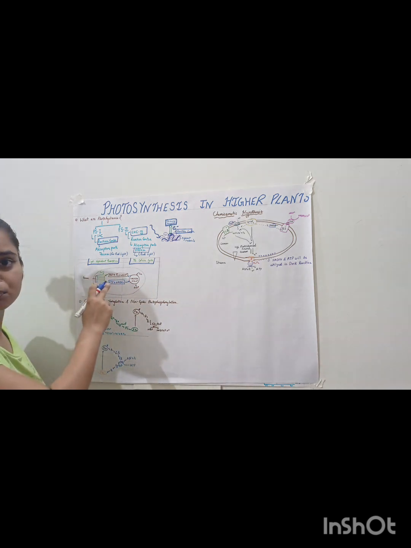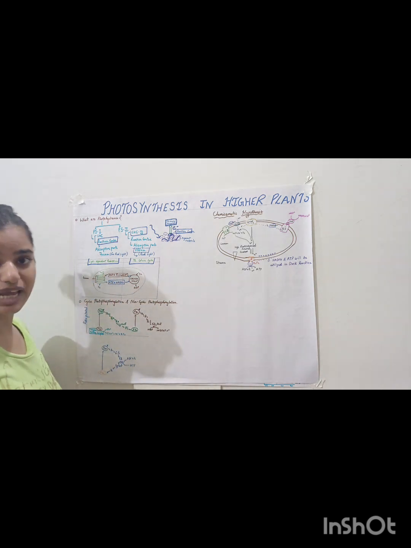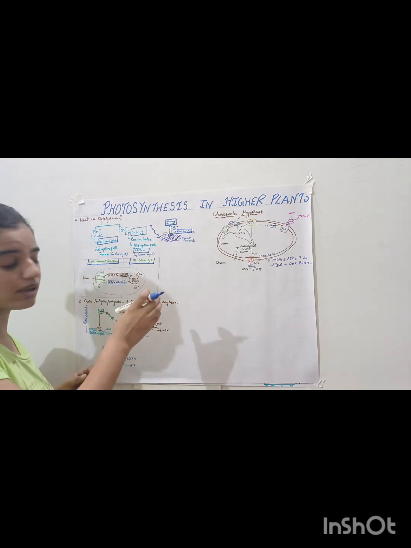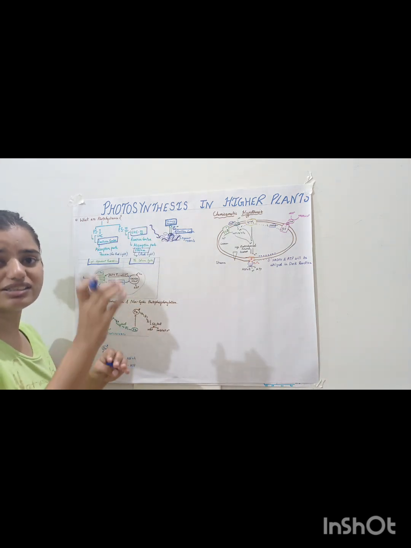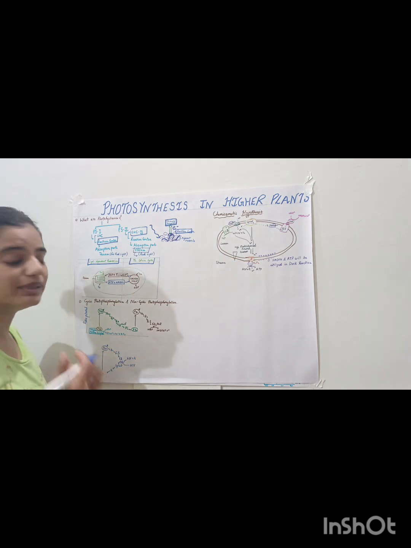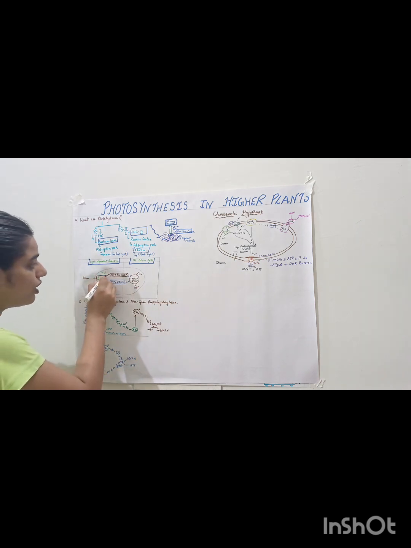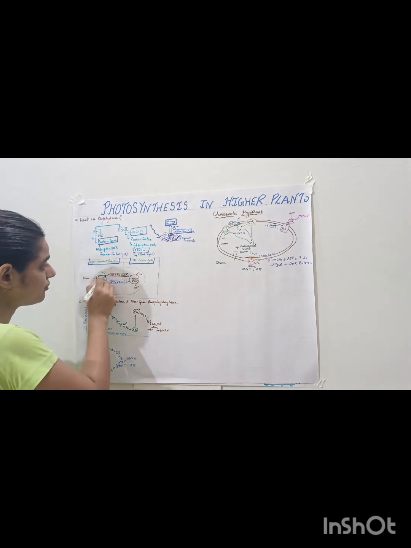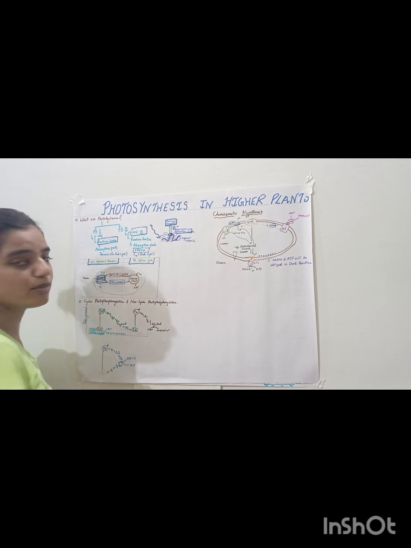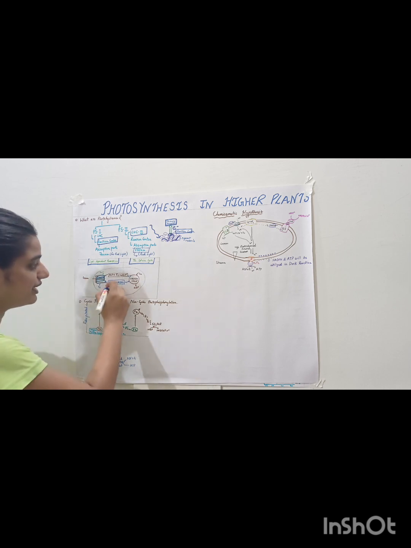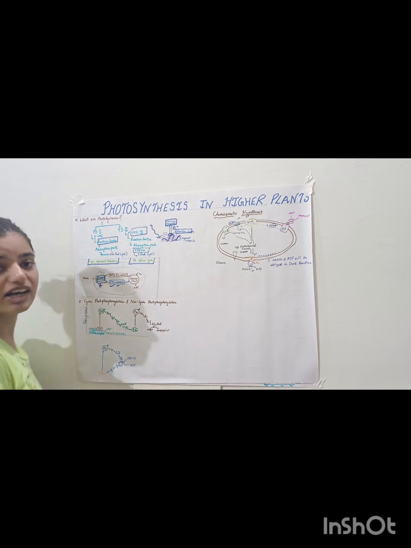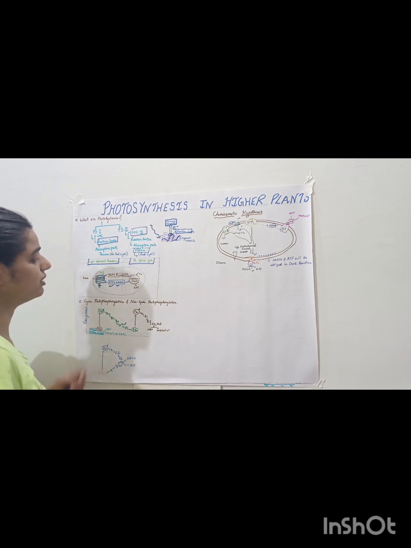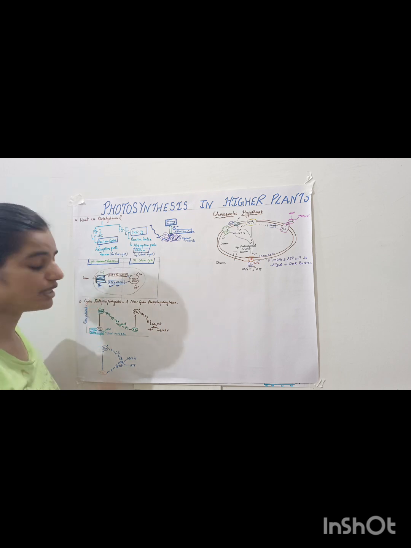In the chloroplast diagram, we have learned that it has thylakoids, which stacked upon each other form the grana. In the light reaction, they synthesize energy molecules, that is ATP and NADPH, and release oxygen as a byproduct.